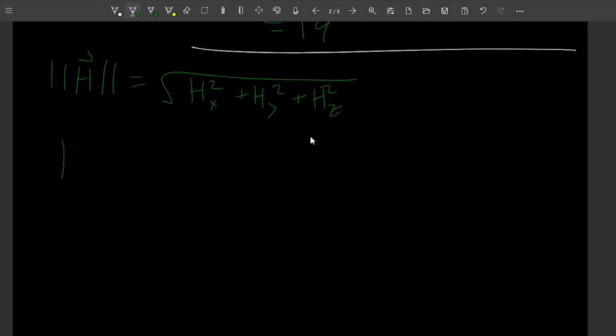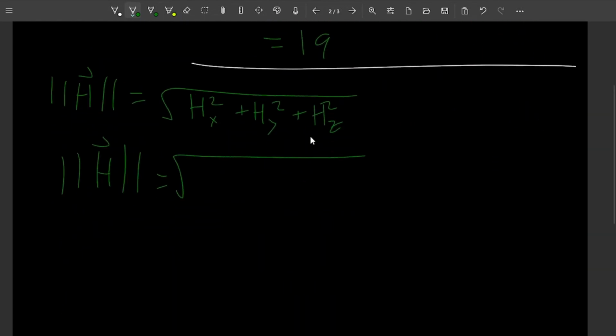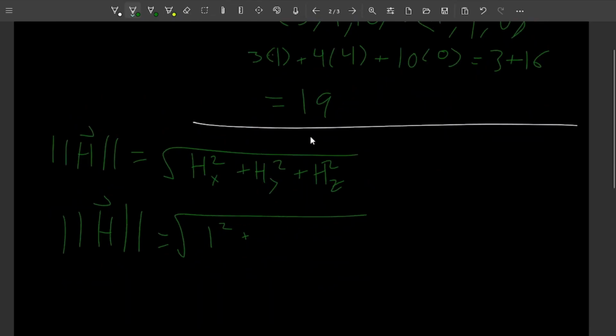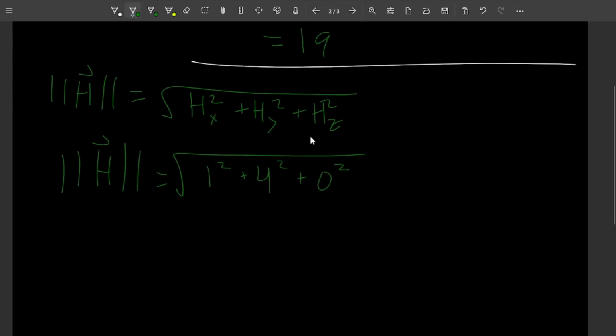So we can calculate this. We know hx is going to be 1 squared plus hy is 4 squared, and hz is going to be 0. And this is going to equal root 1 plus 16, which is equal to root 17.